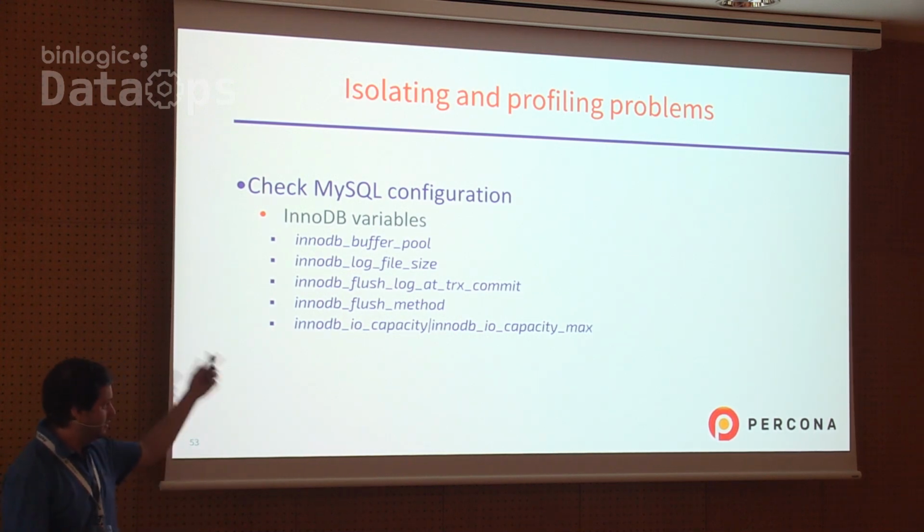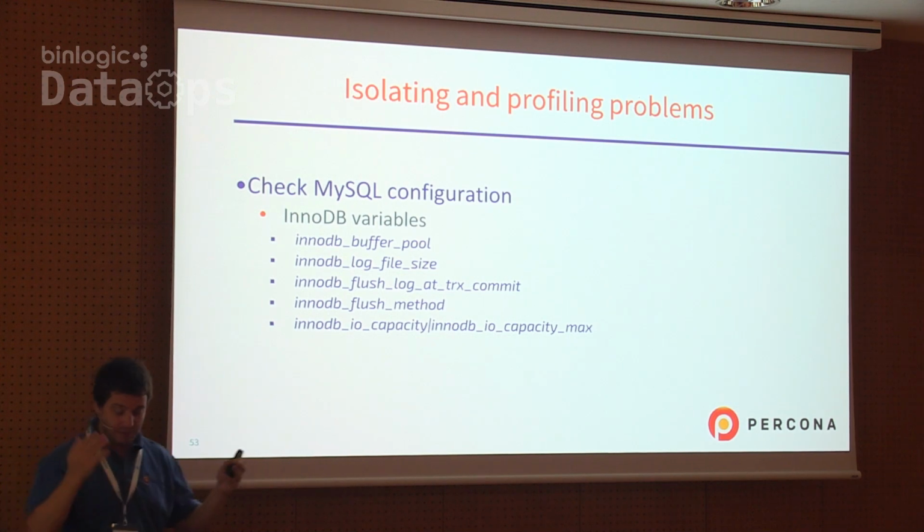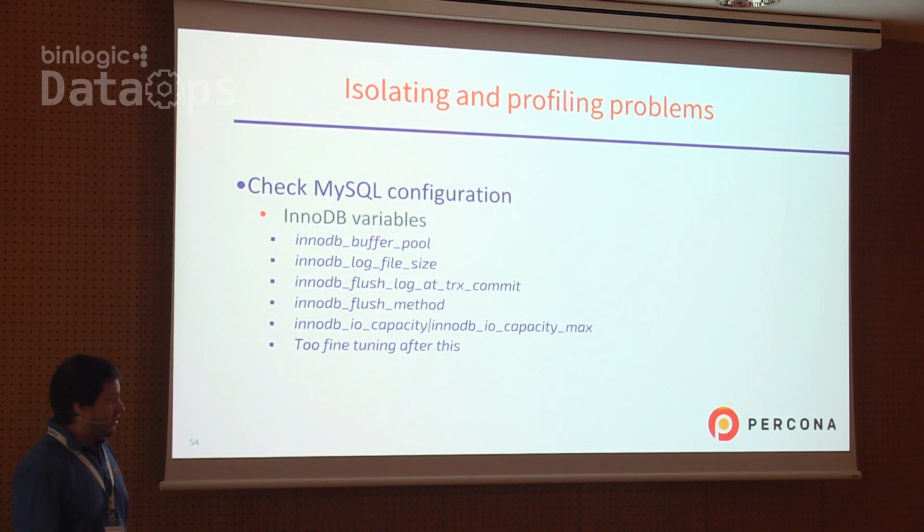We put that back to defaults, and everything started working like a charm. So after that, for InnoDB, it's fine-tuning. There are, I don't know, 50, 70 variables that you can change. Believe me, with these 5, you will cover maybe 90% of the cases.